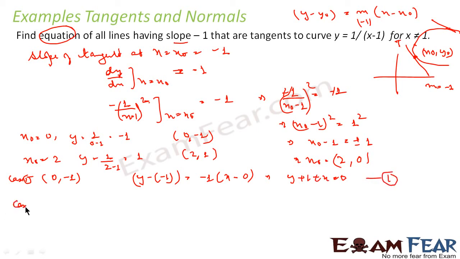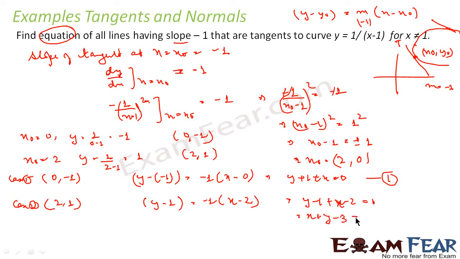If you take case 2 where my x is 2 and y is 1, same thing, y minus y naught, that is 1, is equal to m, that is -1, into x minus x naught, that is 2. So if you solve this, you get y minus 1 plus x minus 2 is equal to 0, or you get x plus y minus 3 is equal to 0.